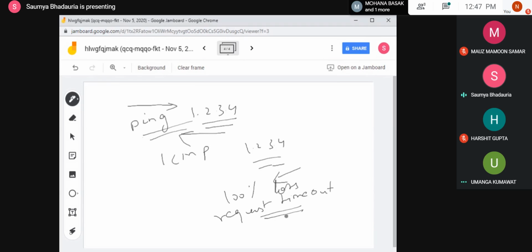Fine. Now this request timeout is equivalent to something referred to as ICMP destination unreachable. Clear? So request timeout is ICMP destination unreachable.